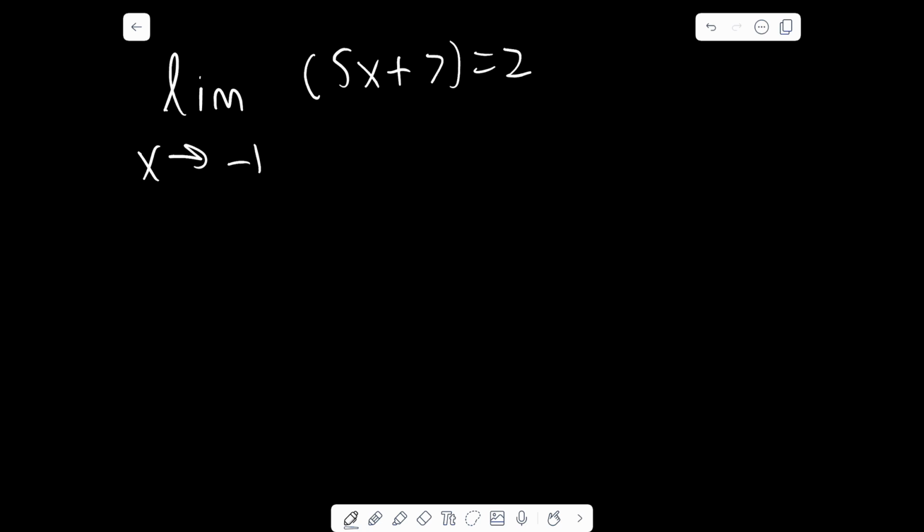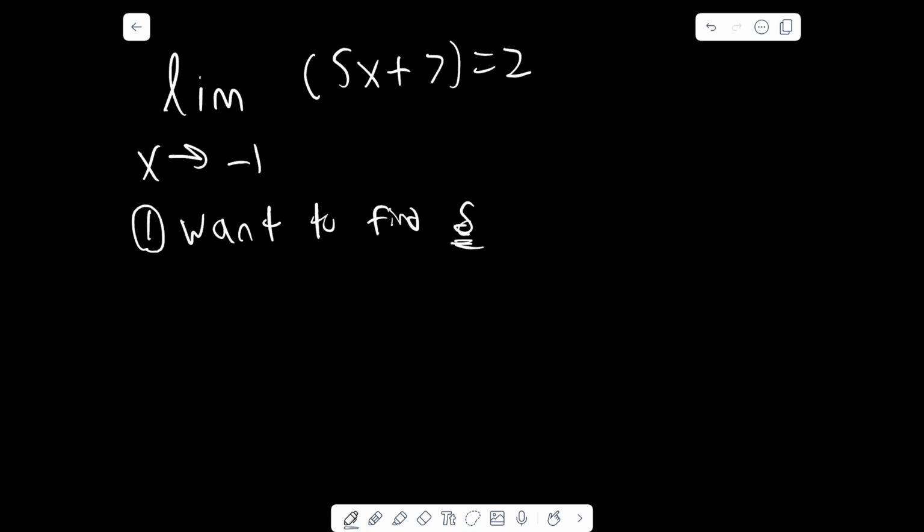So, to get into it, we have this limit: the limit of 5x plus 7 is equal to 2 with x approaching negative 1. That's our problem. So, the first step in any proof is to state what you want to do. In this case, we want to find delta.